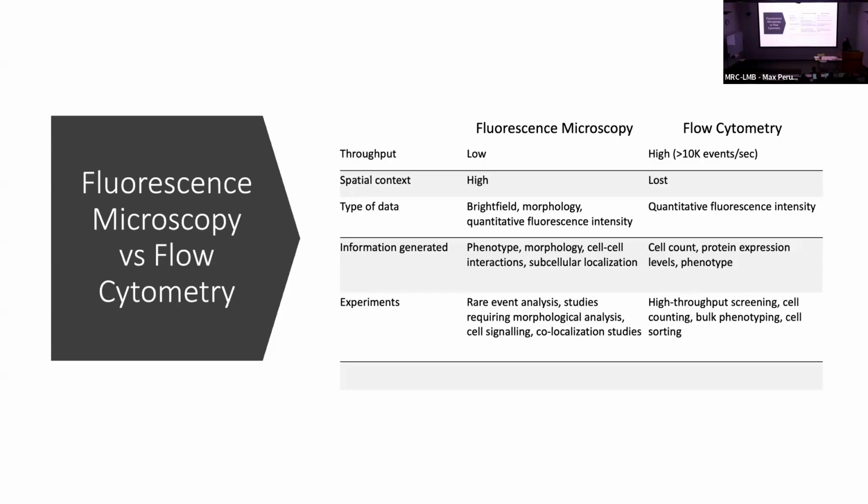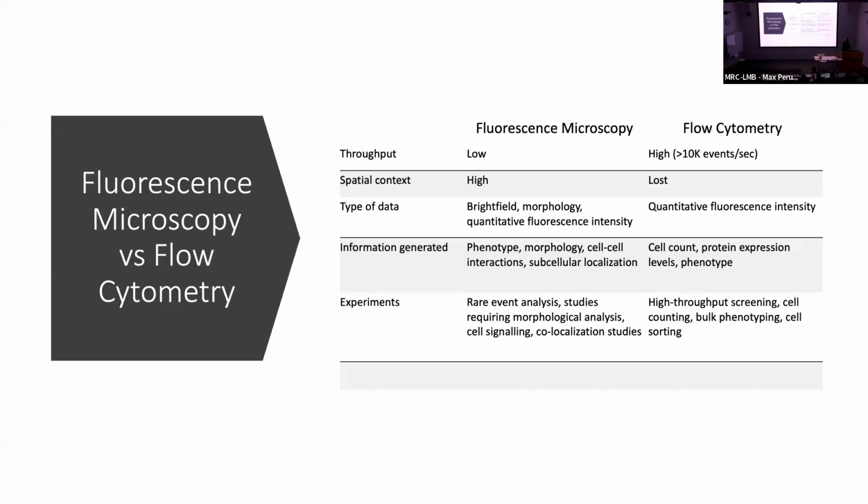In terms of spatial context, you can imagine that it's quite obviously high in microscopy, but more or less lost in flow cytometry because we don't have any of that information. We're just looking at mean fluorescence intensity. But the throughput is very high, so that's an advantage. You're talking about over 10,000 events per second, sometimes even 20,000, depending on the cell or sample that we're sorting.